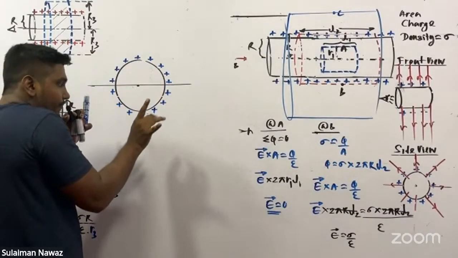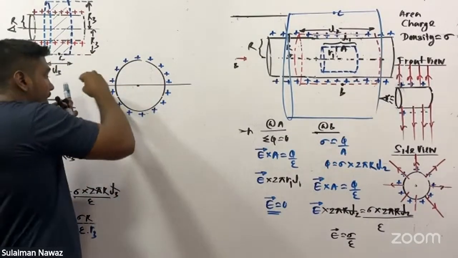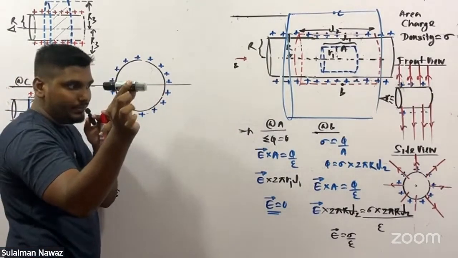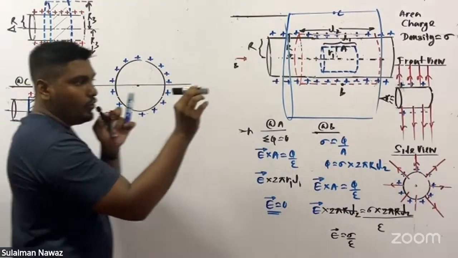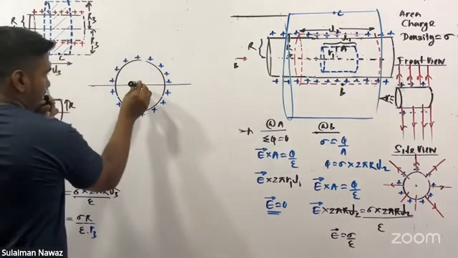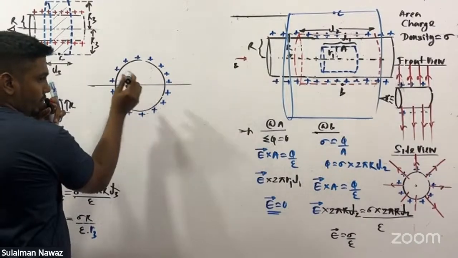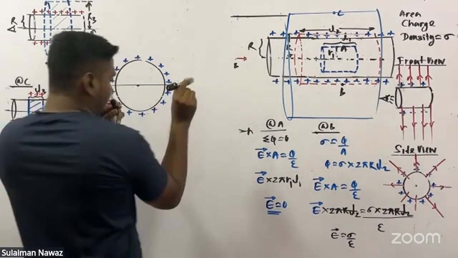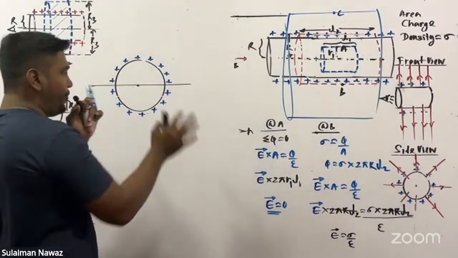I'm going to consider the variation of electric field intensity along this horizontal line. So this is your hollow conductor cylinder. If I look from this side, your cylinder is going to look like a kind of circle. That's what I have drawn here.